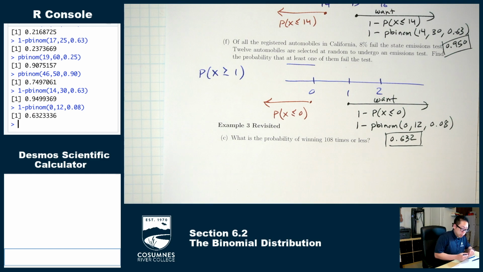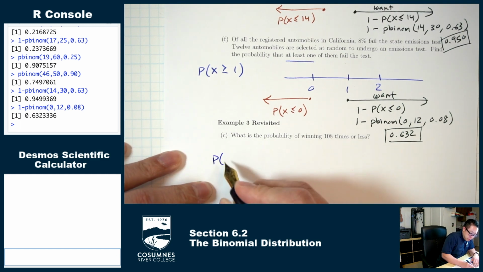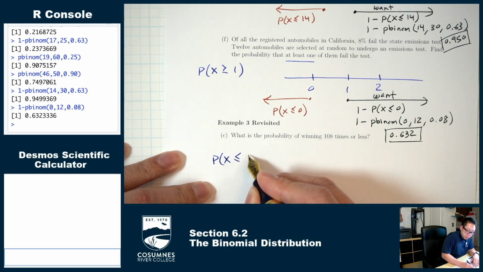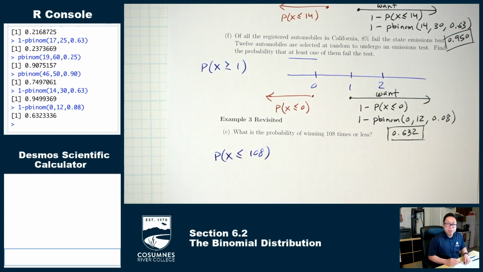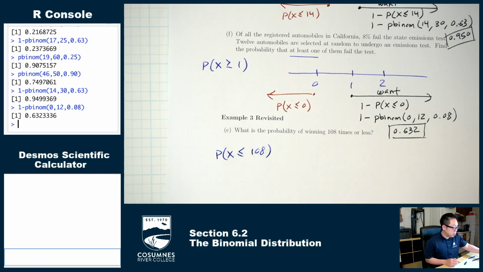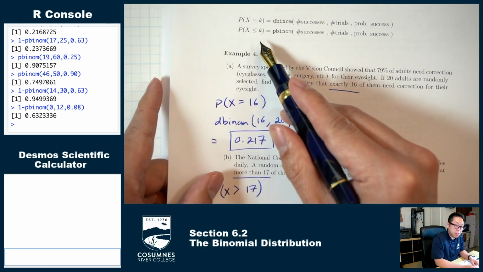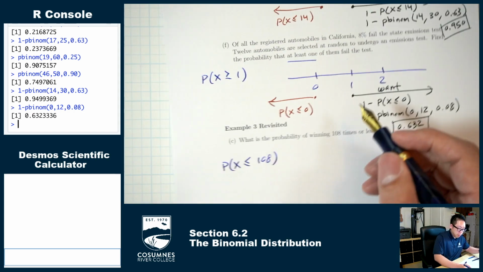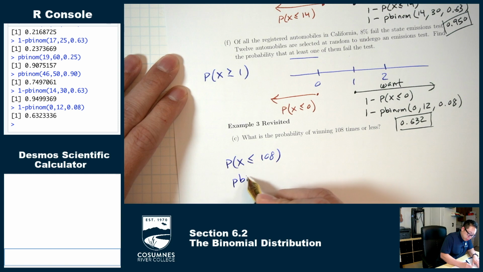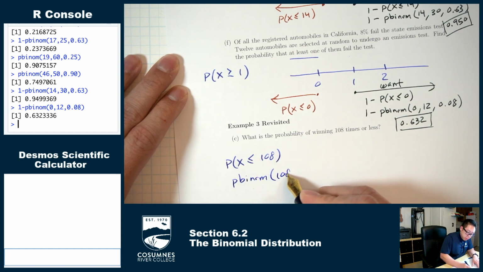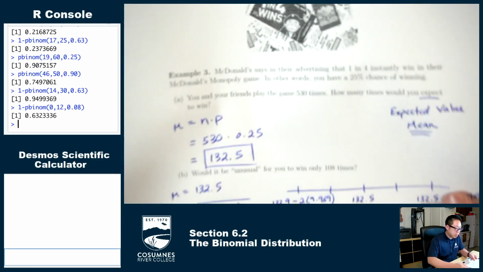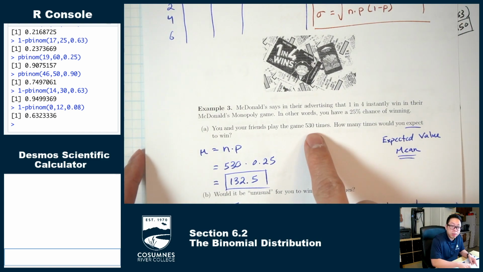So what I'm looking for here is probability 108 or less, which is just less than or equal. Lucky for us, less than or equal is exactly one of the things that R is going to do directly, so I don't need to draw a picture and rework it. So I just need to do p-binom. Number of successes is that 108. Number of trials, this was back in example 3, number of times we played this game was 530.